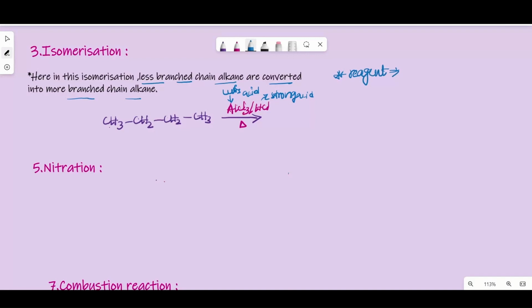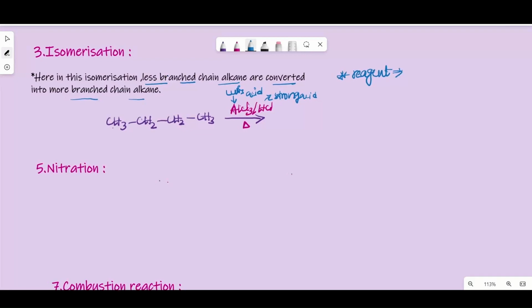If you don't know this isomerization, then you won't know how to do this reaction. So the reagent is more important here, that is AlCl3 in the presence of HCl. This you should remember.